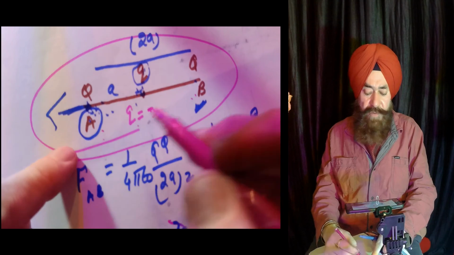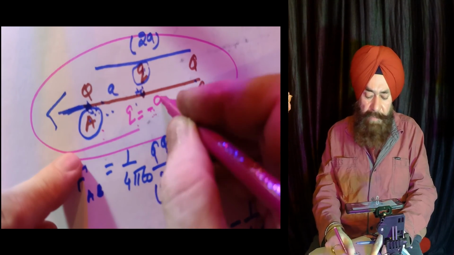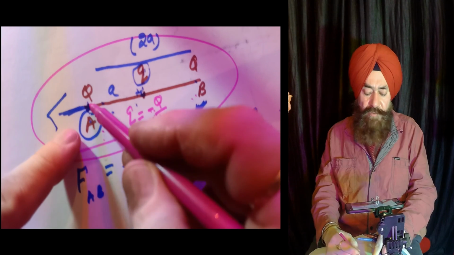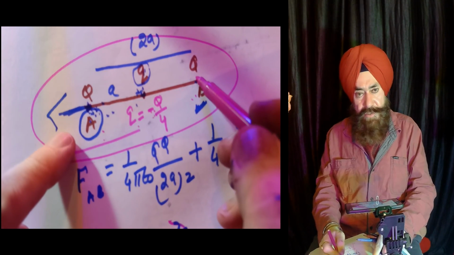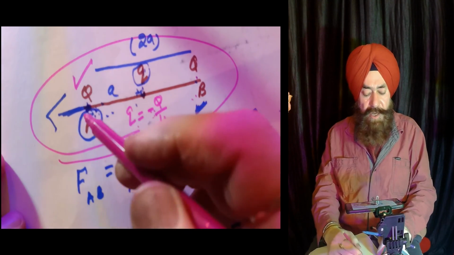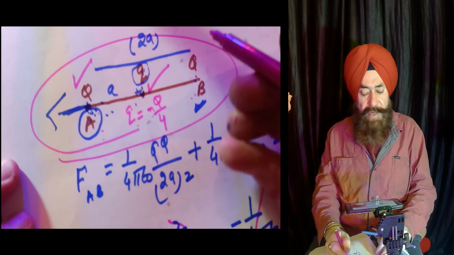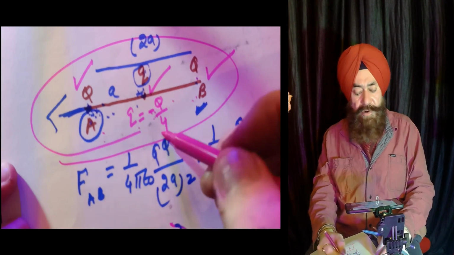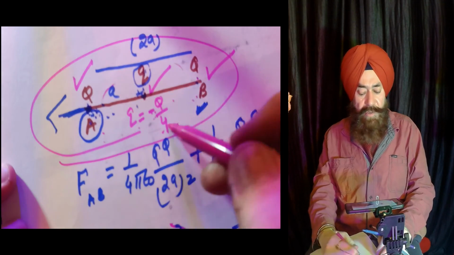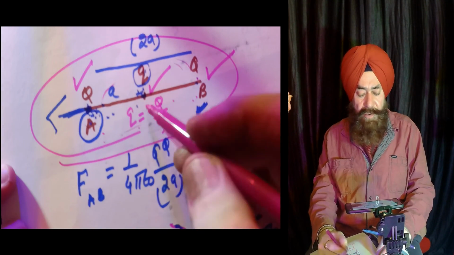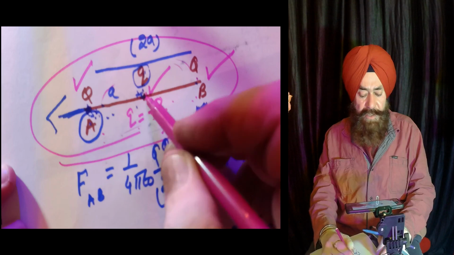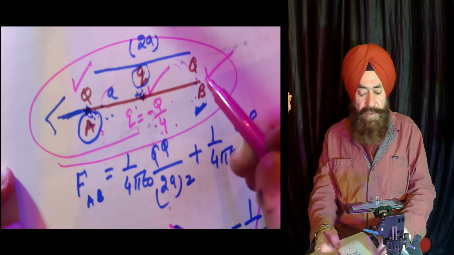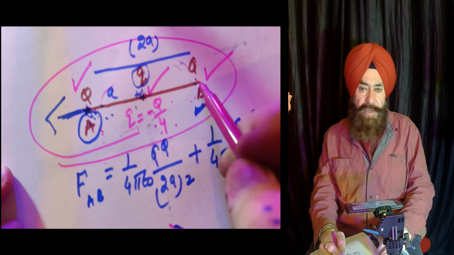Opposite in sign to the two means minus Q by 4, and in magnitude 1/4 of this charge or this charge. Then on this charge the force will be 0, here it will be 0, here it will be 0. It's a very important question. The whole system comes in equilibrium if this charge is negative and 1/4 in magnitude of this charge and this charge. Okay, that's all.